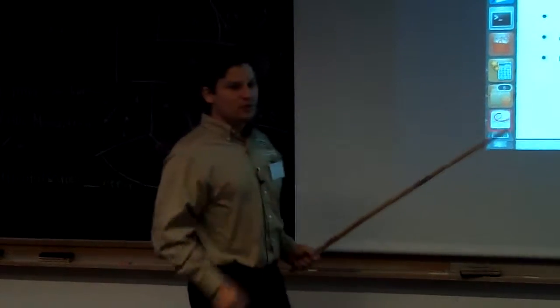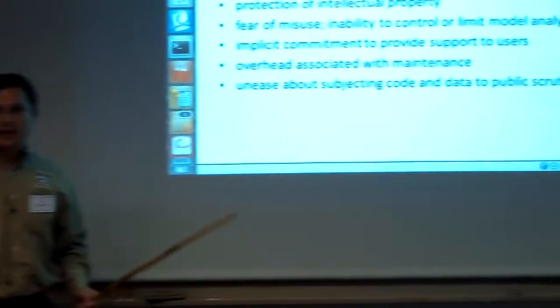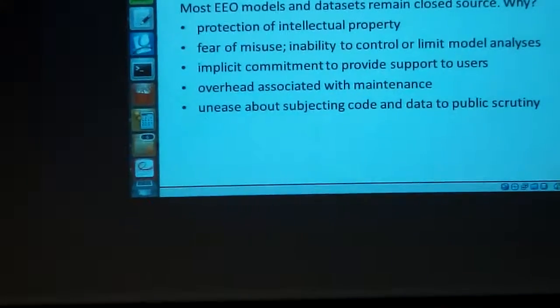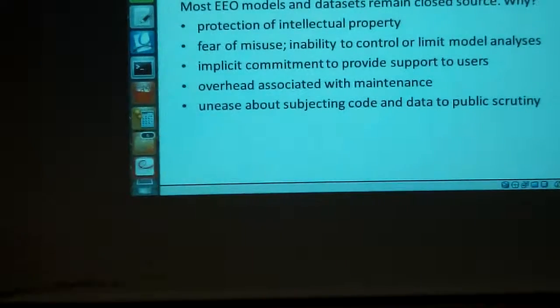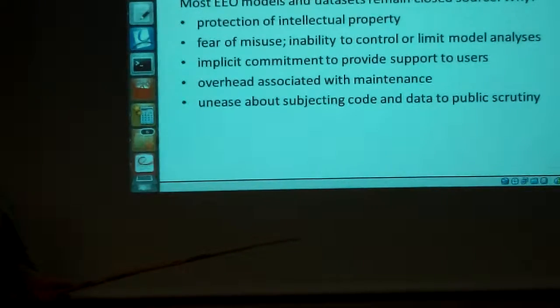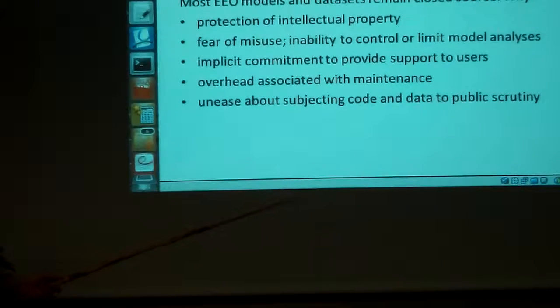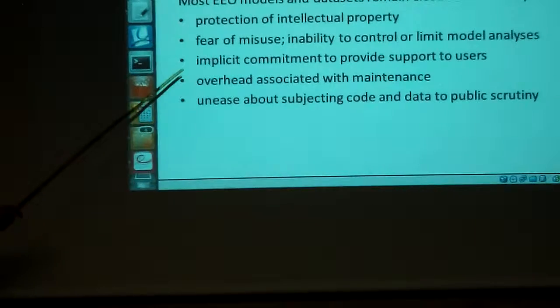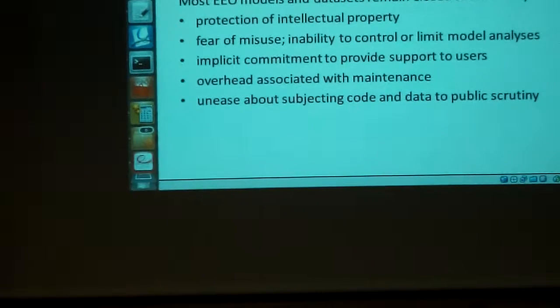So we have protection of intellectual property. I invested X number of years in this, and I'm not just going to give it away so other people can do the analysis that I might want to do. There's fear of misuse. Somebody who doesn't know what they're doing takes your sophisticated model, does something stupid with it, and it makes you look bad because they're using your model. There might be an implicit commitment to provide support to users.